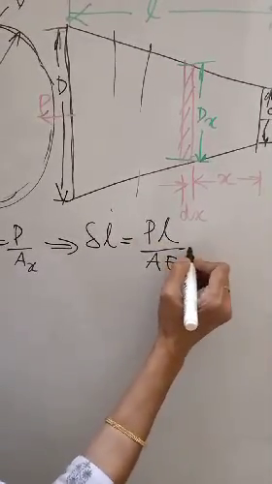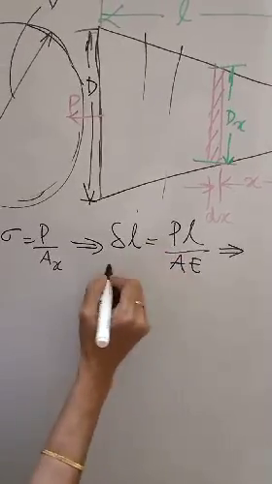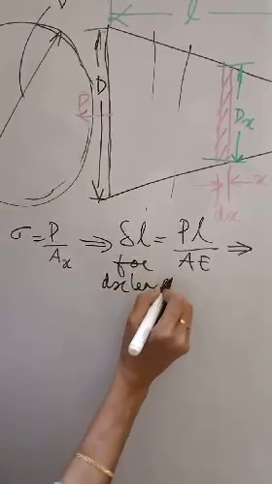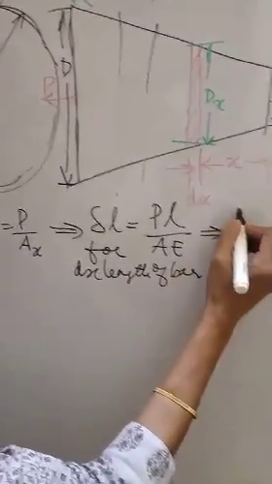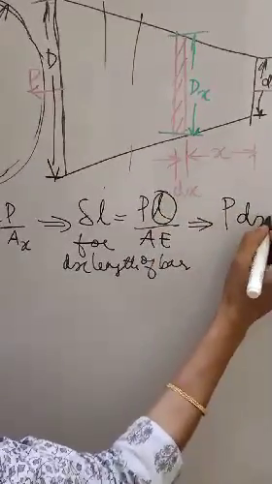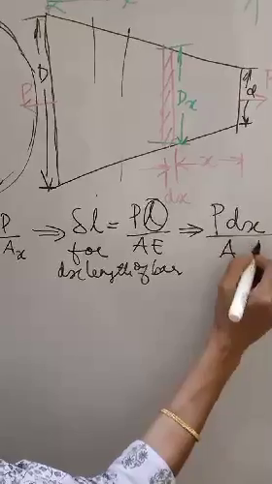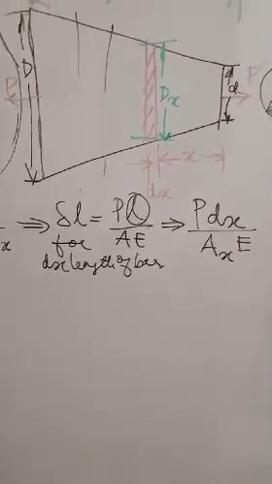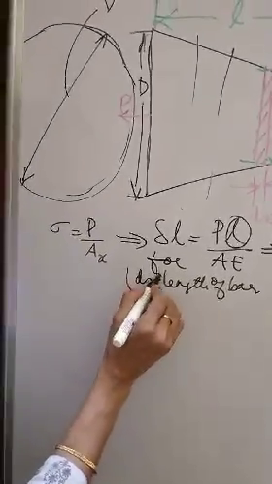So the deformation delta L for dx length of the bar will be equal to P, which is constant, instead of L you have got dx, and instead of capital A you have got Ax, that is at that particular cross section. So this is the expression for deformation for the elemental length, dx length of the bar.